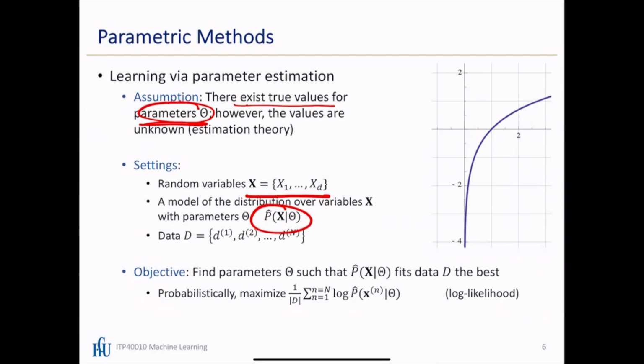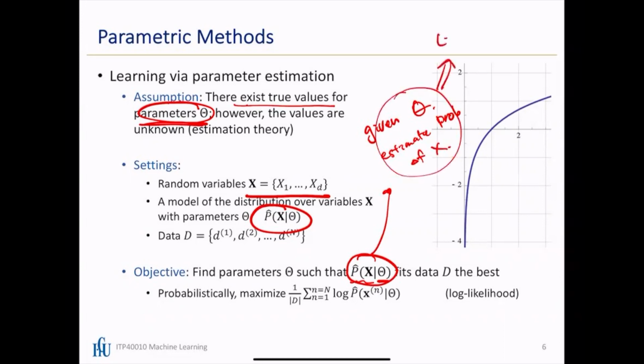Given a set of parameters, we want to find the probability of the data. Given the parameter, estimate the probability of data. This is called the likelihood.